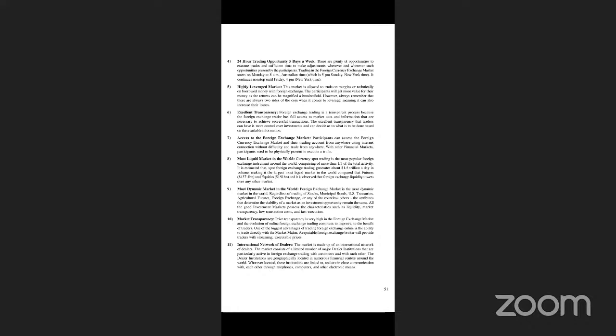Hence, the best investment opportunity remains the same for all the participants across the globe. And being transparent, with lower transaction costs and other added benefits to the market participants, they get involved in trading.